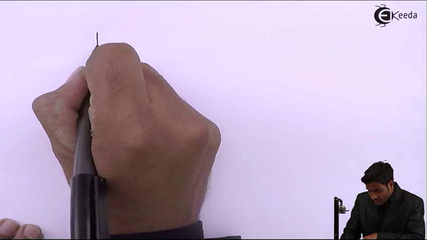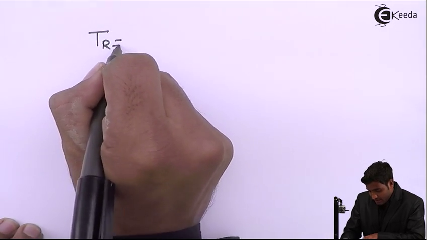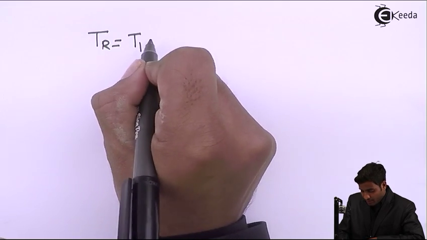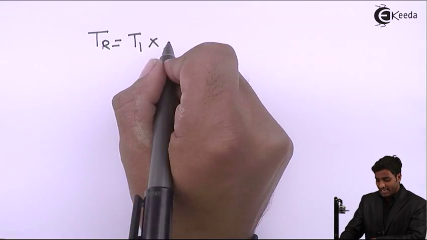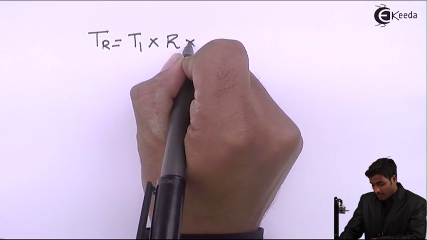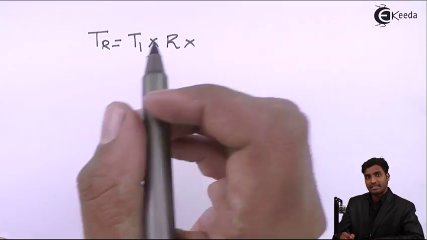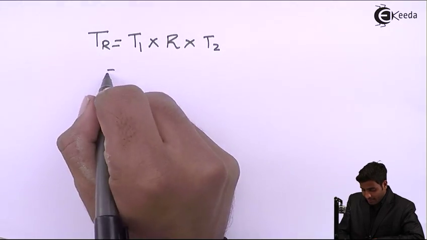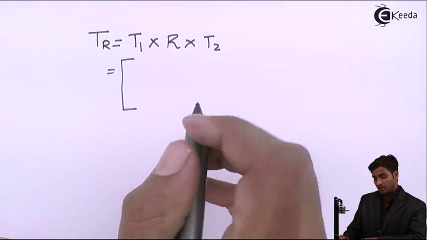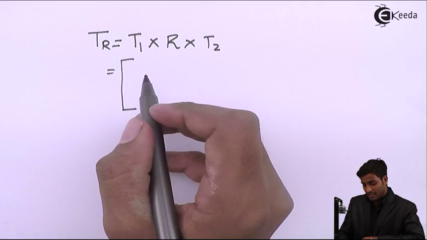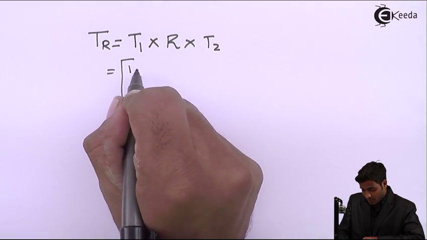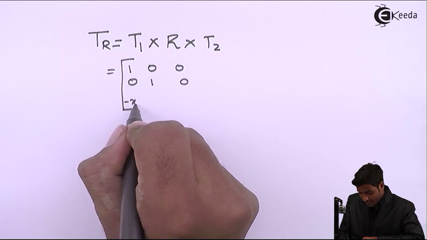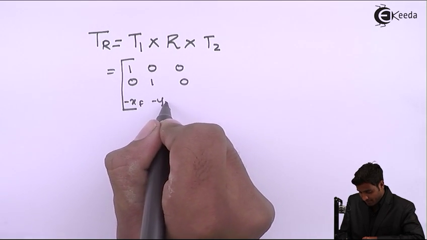The resultant transformation TR is equal to: first we did translation T1, after that rotation R, after that translation once again, that is back translation T2. So I will write all the matrices for the corresponding transformations. T1 was 1 0 0, 0 1 0, minus xf, minus yf, 1.